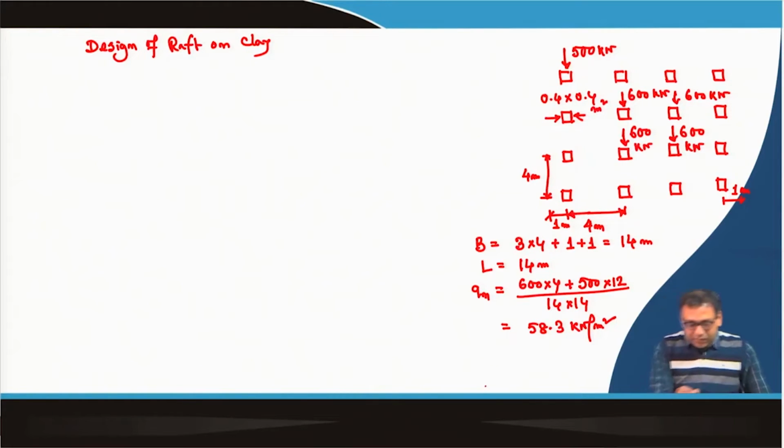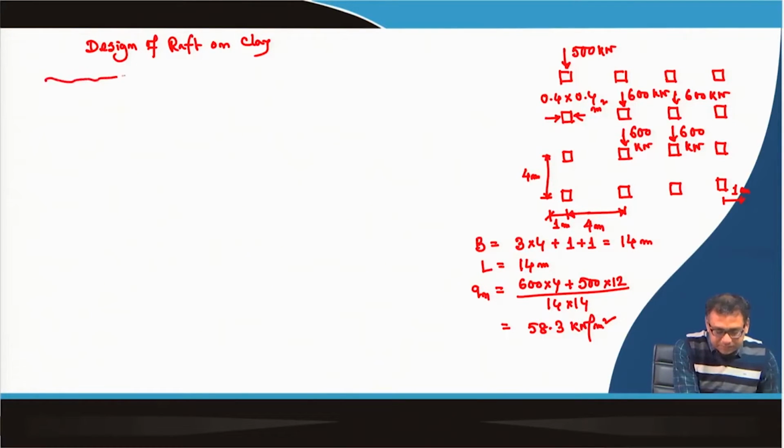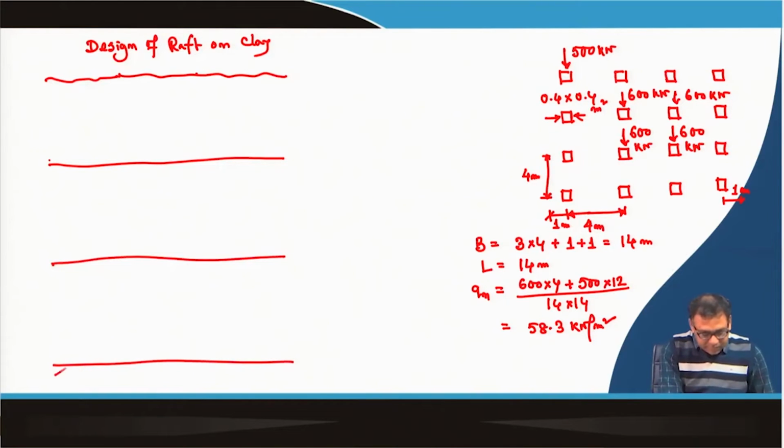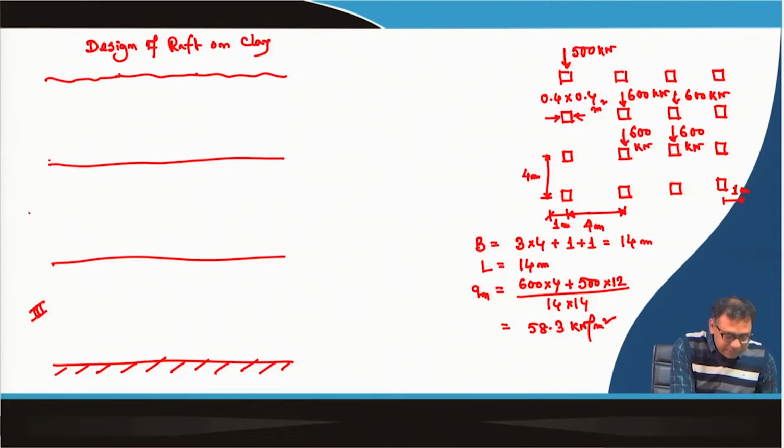Now, the soil profile. Okay. So, this is the ground surface, and we have a soil profile which is a three layer soil, and there is a rigid layer below the third layer. So, this is the third layer, this is the second layer, and this is the first layer.